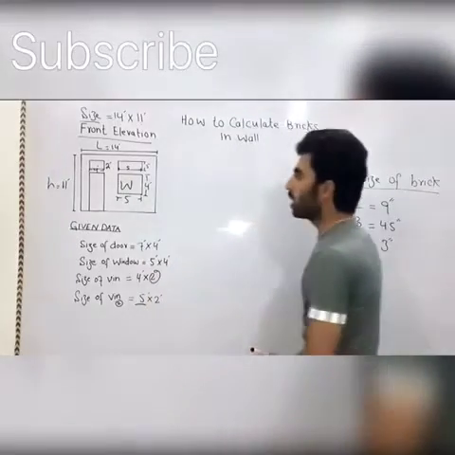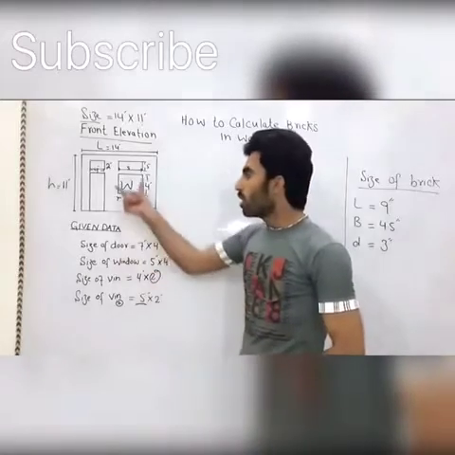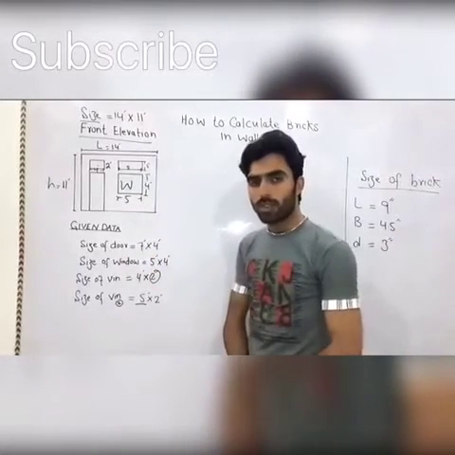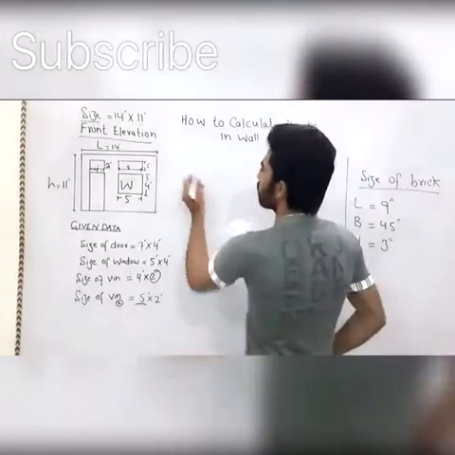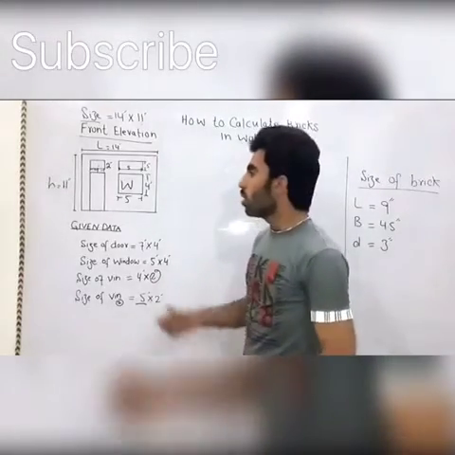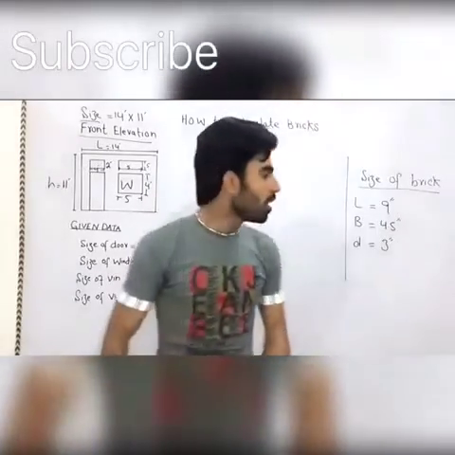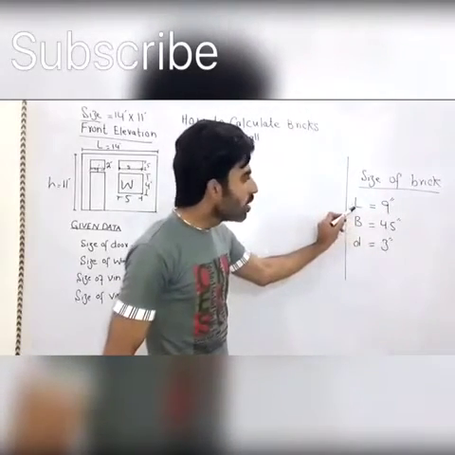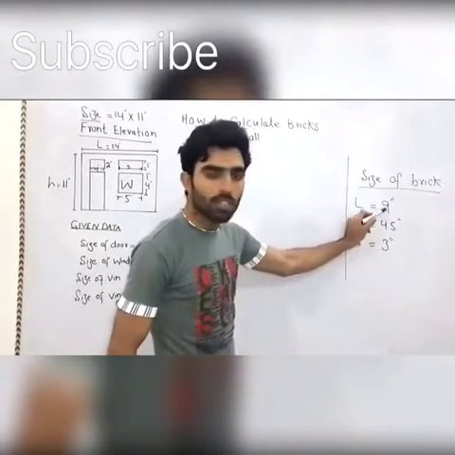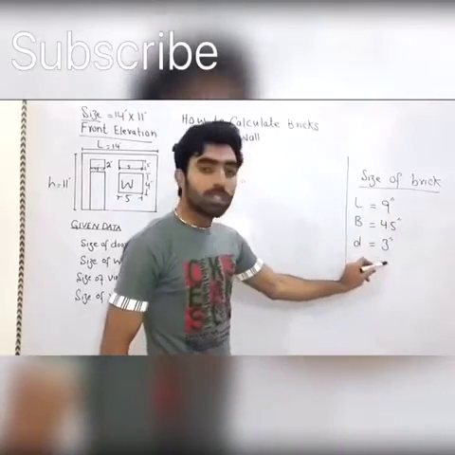Now come here. I want to find the volume for this section, or this front elevation of the wall. The thickness of this wall will be 9 inch, because I already have the size of the brick: length 9 inch, breadth 4.5 inch, depth 3 inch.